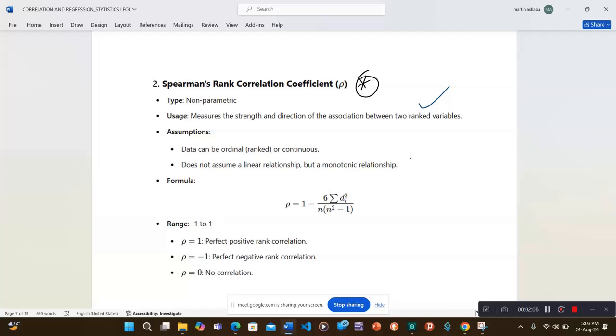So if you have, for example, a distribution of this nature, this is showing a monotonic relationship. It is increasing consistently and then reducing consistently.